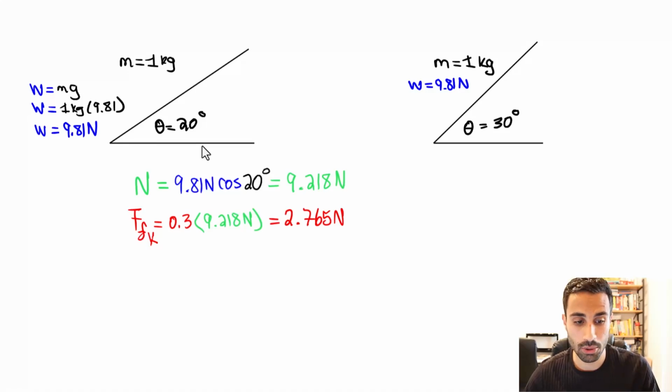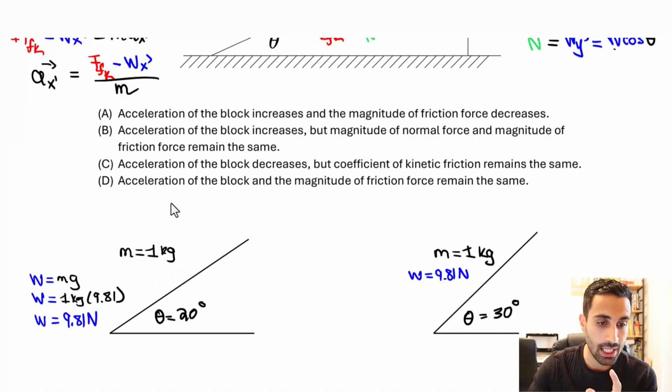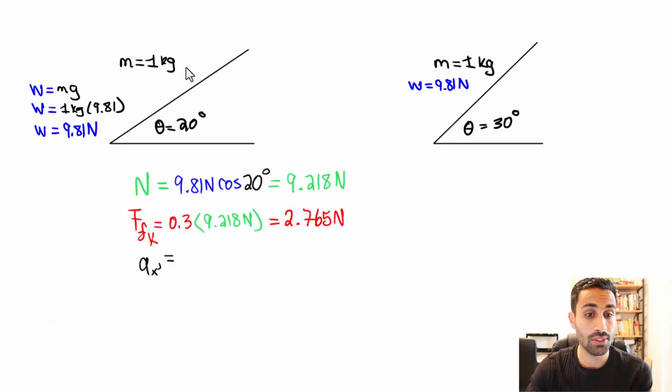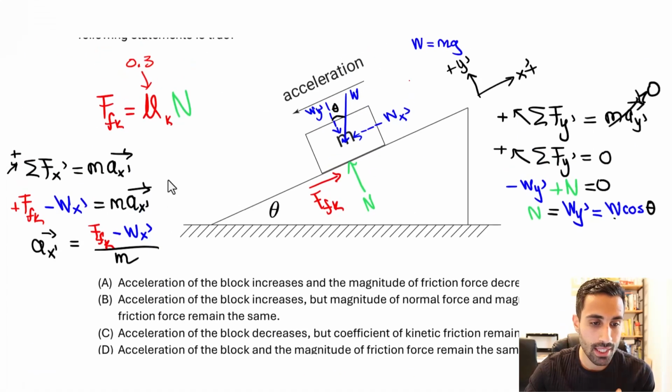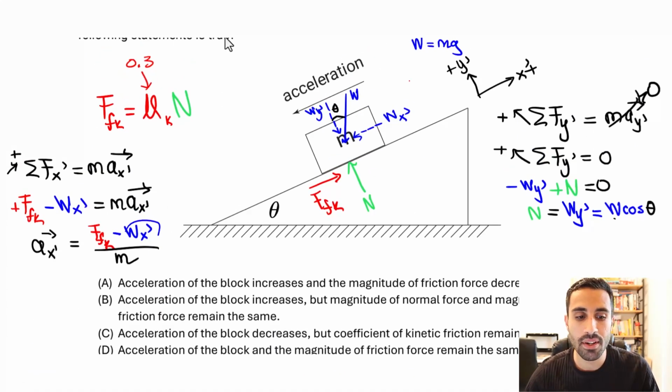Now let's find the acceleration. The acceleration in the x prime direction in this case is going to equal this formula. We have the force of friction, so I put that in there as 2.765 newtons. Now we have this W x prime. This is a very important component. In terms of W, that's W sine of the angle theta, which is this component.